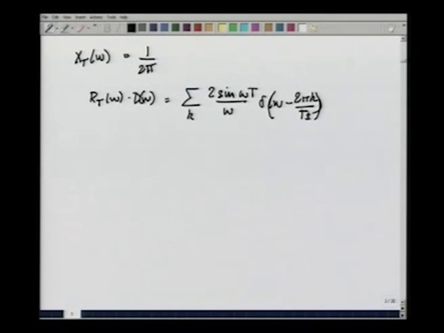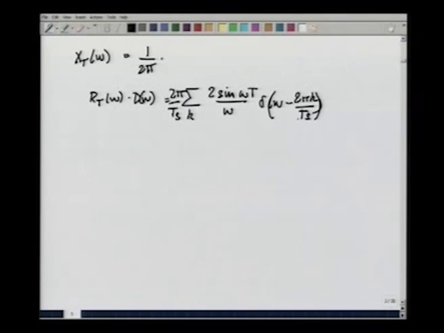This is actually 2 pi by T_s. D omega also has a multiplying factor of 2 pi by T_s outside. So, you have this as R_T omega times d omega, and now we have X_T of omega given by 1 by 2 pi convolved with this.